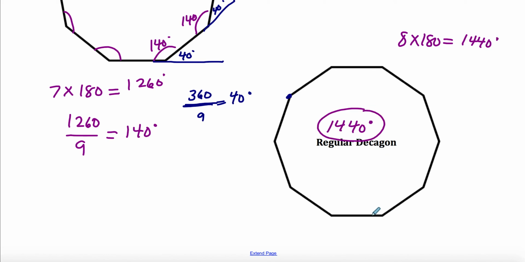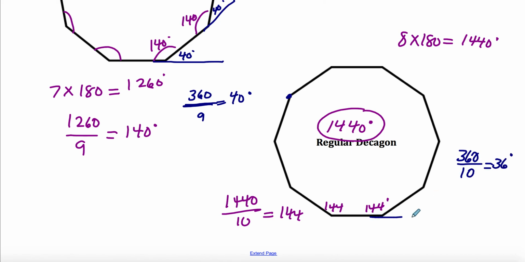How big is each interior angle of a regular decagon? 1440 divided by 10 is just 144. Exterior angles, the fastest way to do that, 360 divided by 10, because we have 10 sides, is just 36. So that should also make sense here. We'd have an exterior angle of 36 degrees.